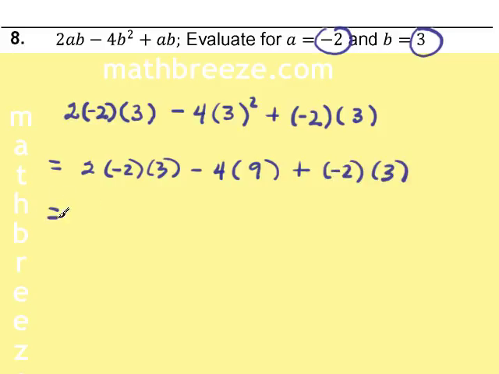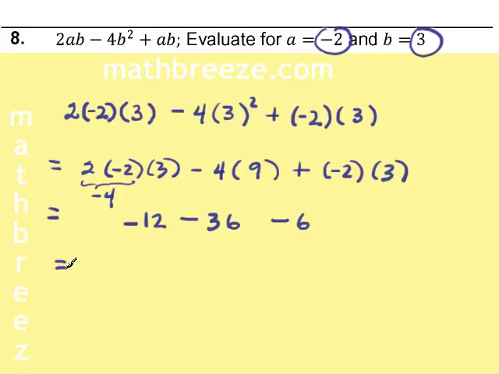And then we'll start doing our multiplication left to right. So here we have -4 multiplied by 3, so that's -12. Here we have 4 times 9, subtract 36. And here we're multiplying negative times positive, so the result is negative. So we have plus -6, or plus -6 is the same as -6.